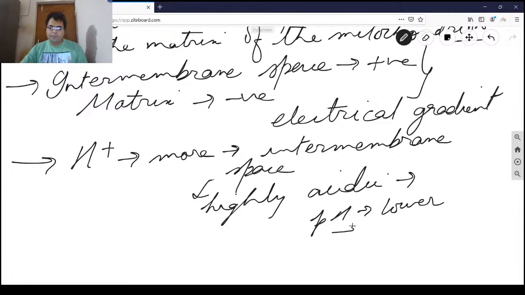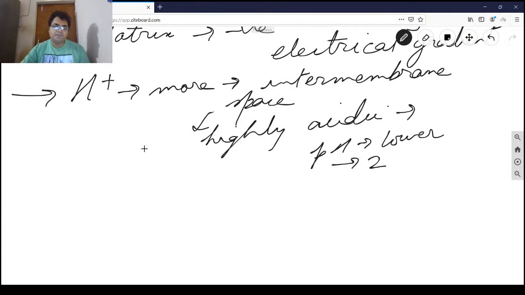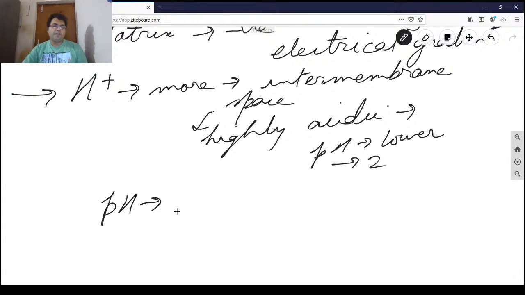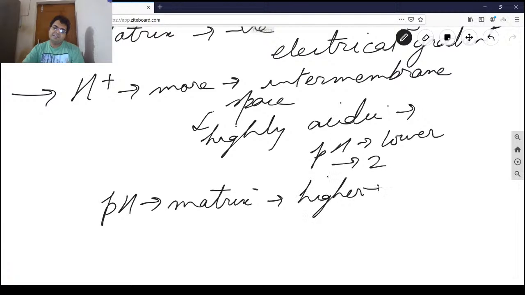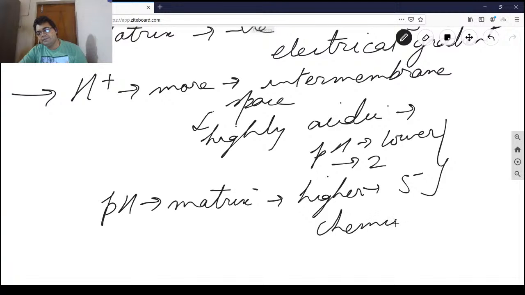Suppose the pH is 2, and the pH of the matrix will be higher, because H plus will be lower there since H plus has been effluxed out. So pH of the matrix will be higher. Suppose pH of 5. So this is known as a chemical gradient.